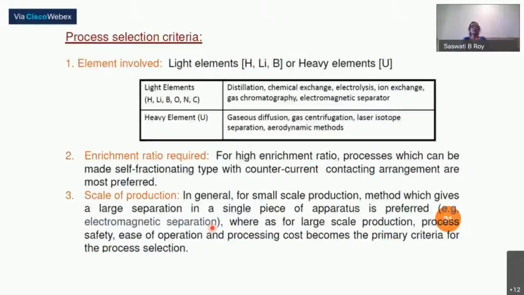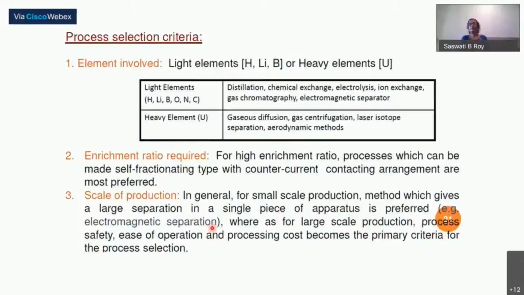So process selection criteria: isotopic separation processes may be classified into 4 classes based on the driving force. The first one is the chemical process based, where the separation factor is proportional to delta m by m squared, where delta m is the difference of molecular weight between two isotopes, and m is the average molecular weight.